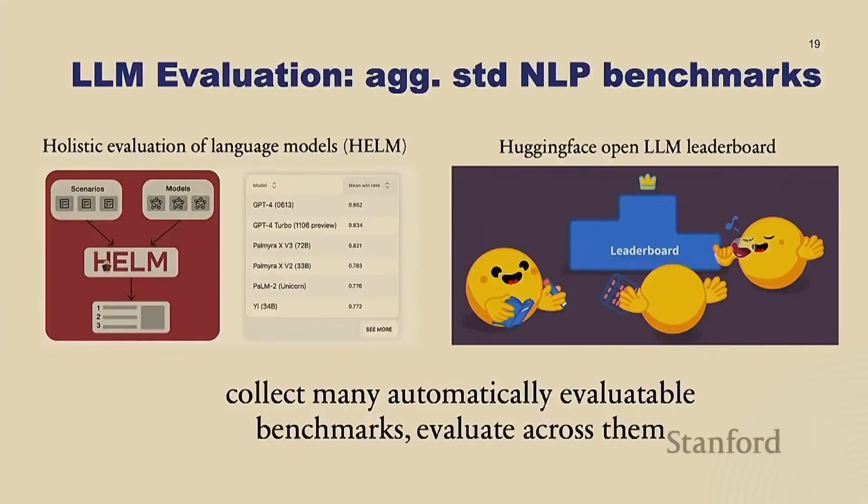Another way of evaluating these LLMs, and now more common in academia, is to take all the classical NLP benchmarks, and I'll give you a few examples later, and aggregate everything. So collect as many automatically evaluatable benchmarks as possible and evaluate across all of them.